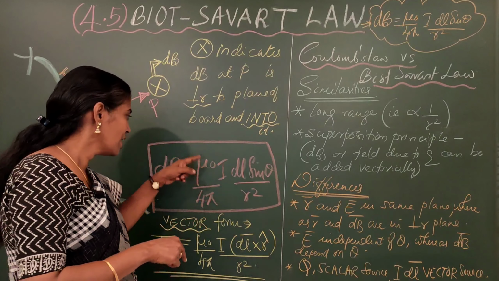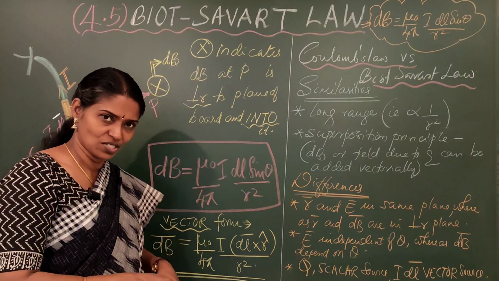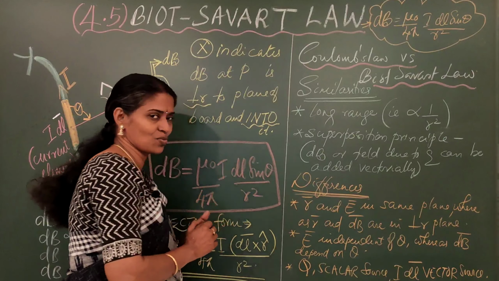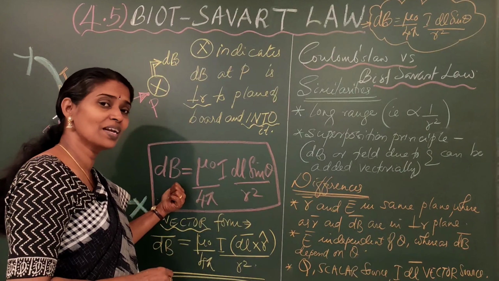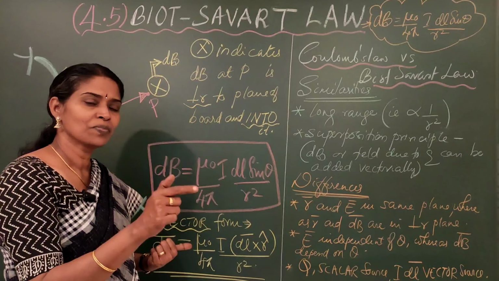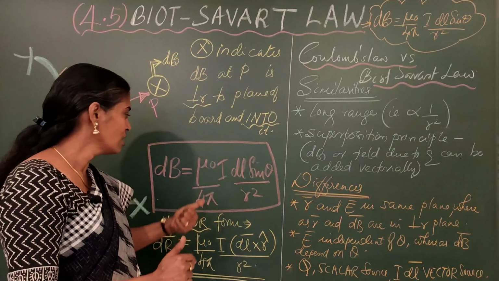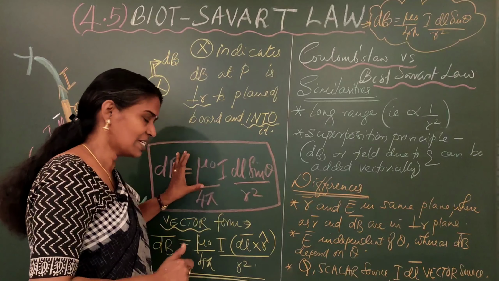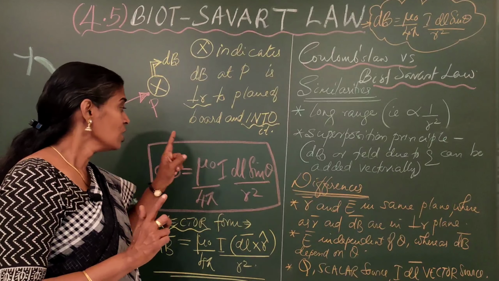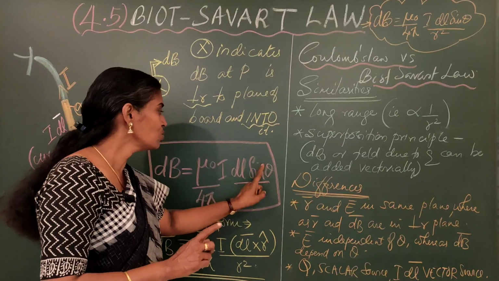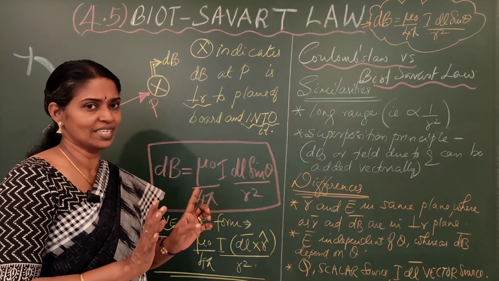The electric field is again 1 by 4 pi epsilon 0 q by r square. So this is the magnetic field, and there you have the electric field. The electric field depends only on 1 by 4 pi epsilon 0, that is, the same as mu 0 by 4 pi, q by r square, with no terms like sin theta.